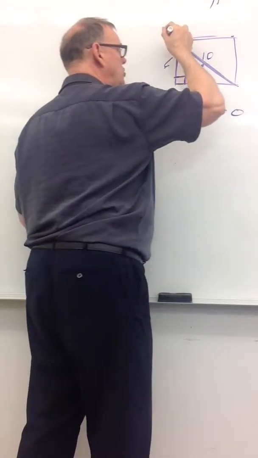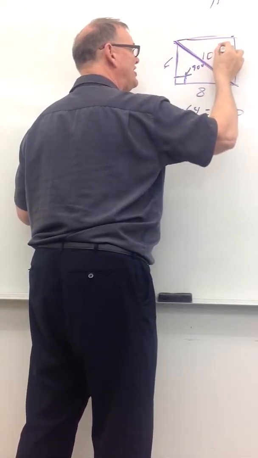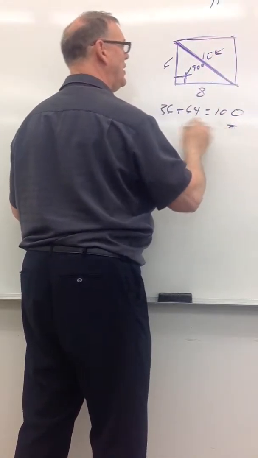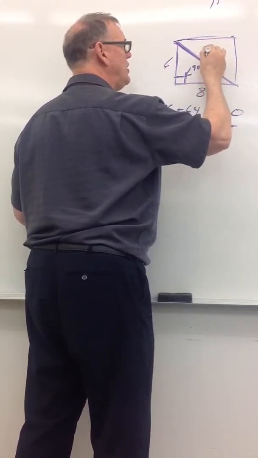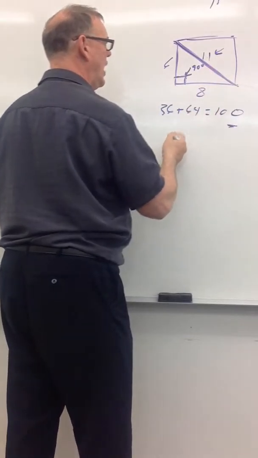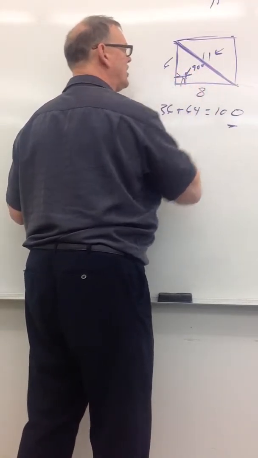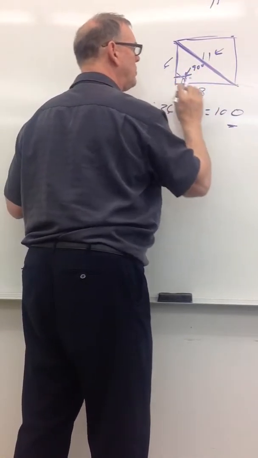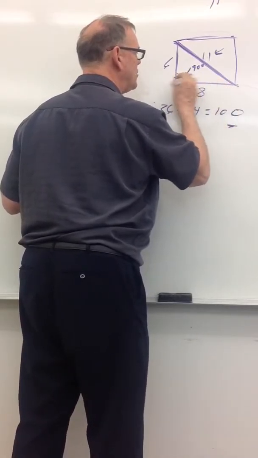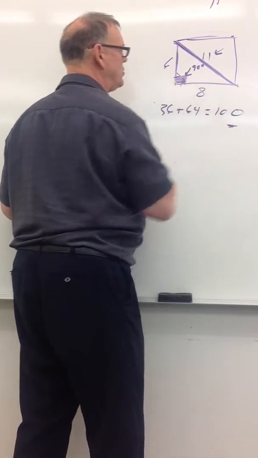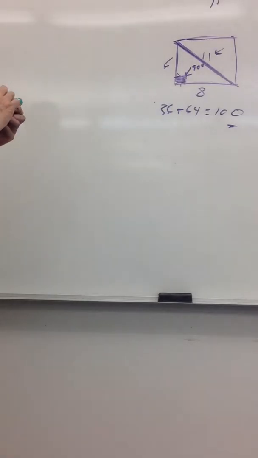So it says, did you cut a perfect square? Well, if this is 10, you did. If it's not 10, you didn't. If it's 11 or if it's 9, that means this angle is slightly off, because a squared plus b squared is c squared is true only when this is a 90-degree angle. Okay?